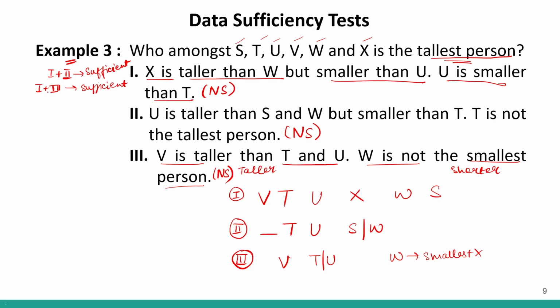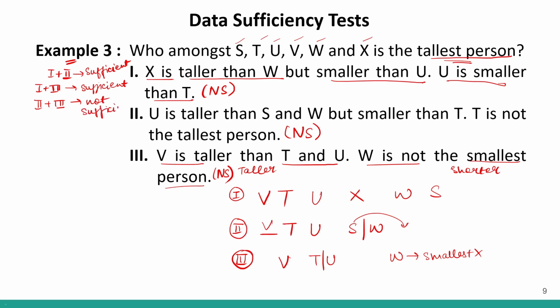Now, if I combine 2 and 3, I will get V over here. W is not the smallest, so S will come over here. But X's position is not known based on 2 and 3. Therefore, this is not sufficient.